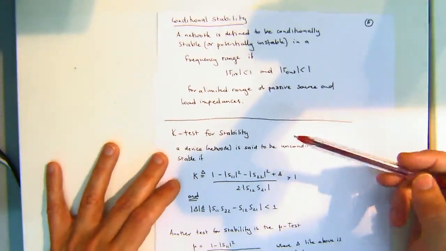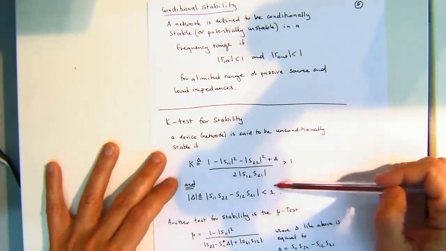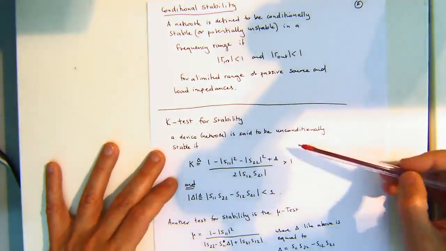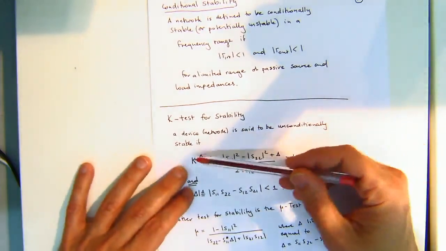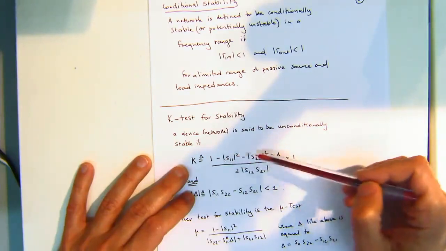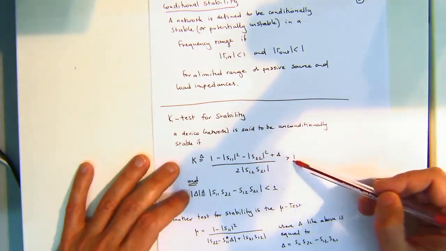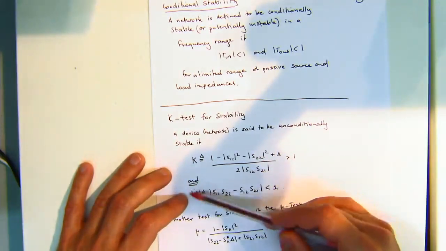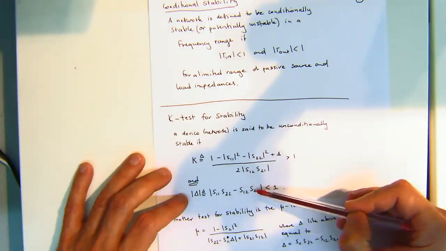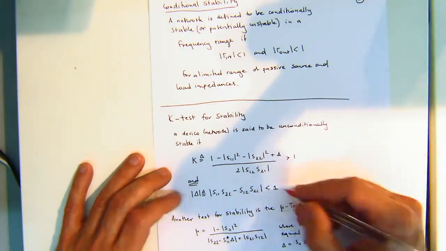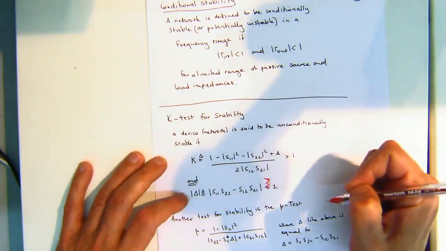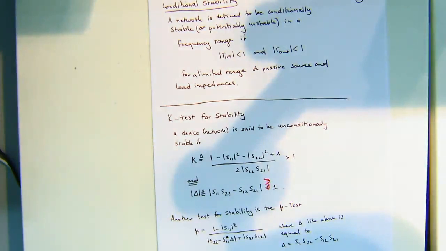Essentially, once we determine these values for the K-test, we know that a network is unconditionally stable if this quantity K, written in terms of the scattering parameters of this matrix, is greater than 1, and also the discriminant, which is S11 multiplied by S22 minus S12 multiplied by S21, is greater than 1. All right? So they both have to be greater than 1. My apologies.